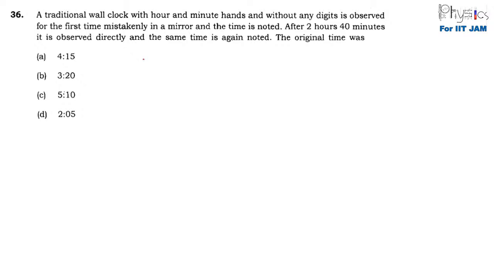The original time was option A 4:15, option B 3:20, option C 5:10, option D 2:05. So tell me which is the correct option for this question. Is it option A or B or C or D?